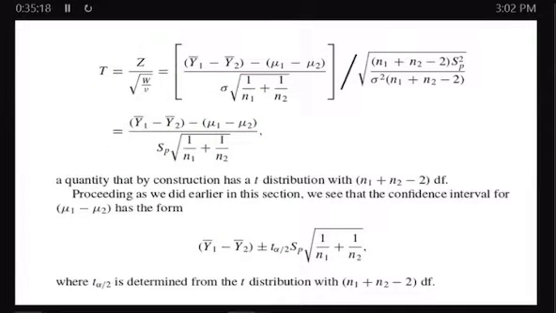How do we form a t-test? There's a difference between a t-distribution and a t-test. I'm going to say that again. There is a difference between a t-distribution and a t-test. There's a difference between a z-test and the normal distribution.